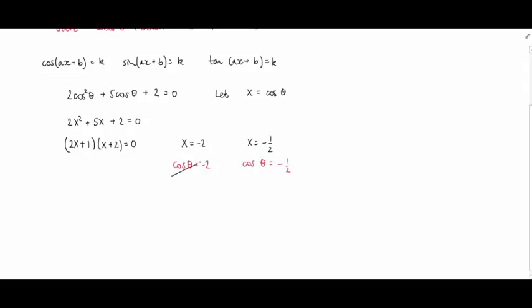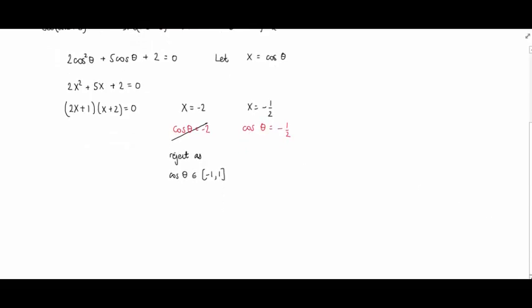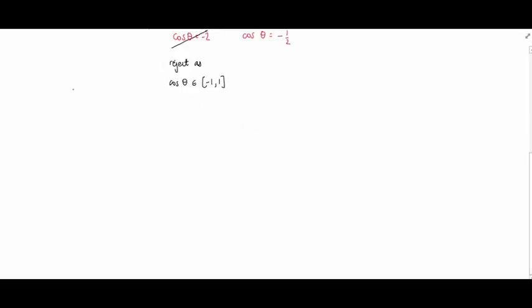As a result, this has to be rejected, as cos theta has to be in the interval -1 to 1. Therefore, we're left with a relatively simple equation to solve. Okay, so cos theta equals -1/2 is the equation that we have to solve. So that is pretty straightforward.